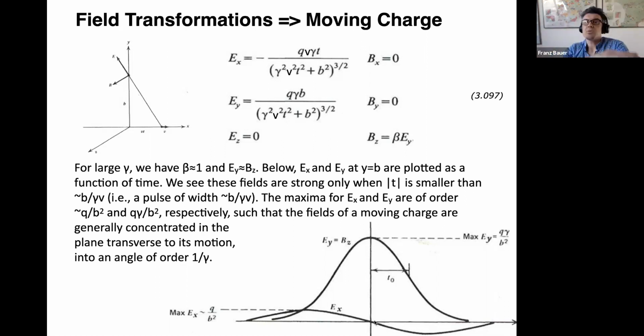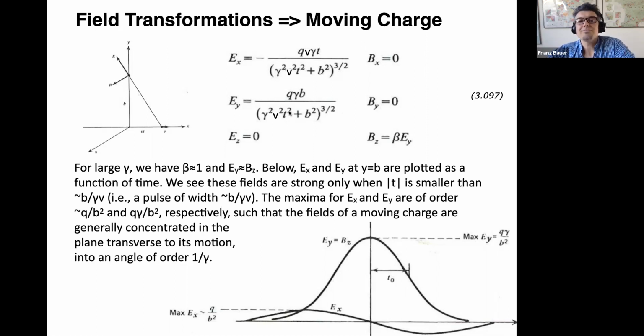So by symmetry, it will cancel out as this charge is passing by some point here. The Ey field, however, will only have one component. And so by symmetry, it will end up actually having some component. And this is, of course, the component in the perpendicular direction. And this maximum that it will have will be proportional to q gamma divided by b squared.